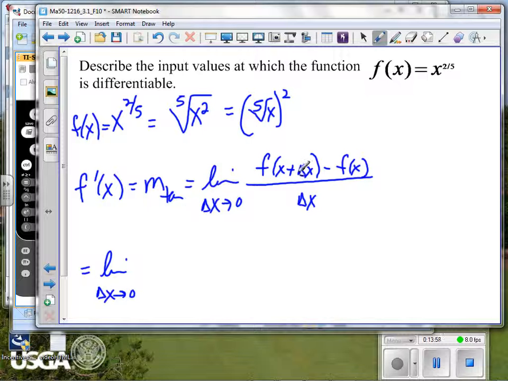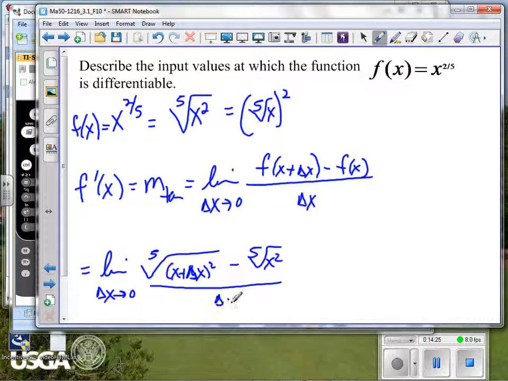If we have f of x plus delta x, let's look at it as the 5th root of x plus delta x, quantity squared, minus f of x, that's the 5th root of x squared, divided by delta x.